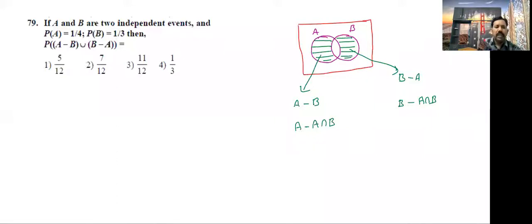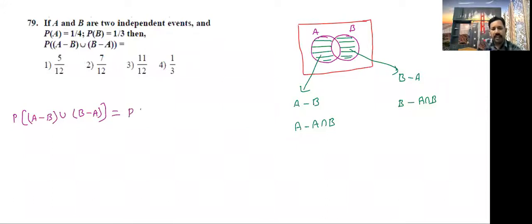Okay. Now observe the question, what they have given. Probability of A minus B union B minus A. That is equal to, here the intersection part is a null set.